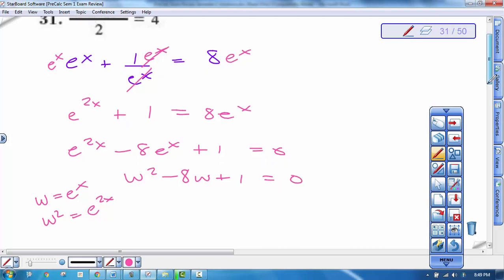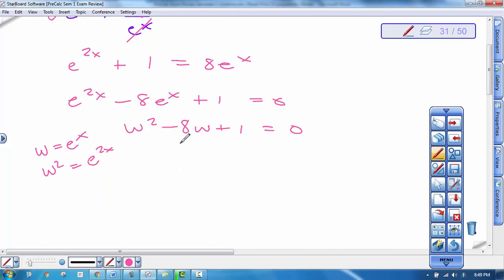Now what makes this problem even harder is that they're not whole numbers, so I have to solve for w using the quadratic formula, which is opposite of b plus or minus the square root of b squared minus 4ac all over 2a. So this gives you square root of 60. So here's my answers, but unfortunately these are my answers for w, not e to the x.